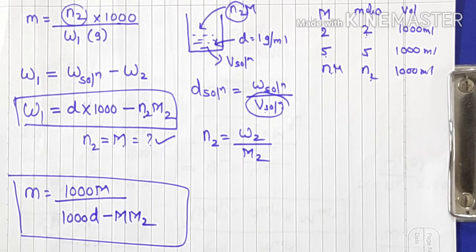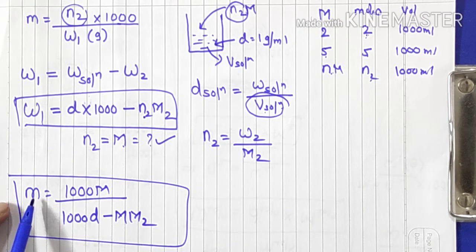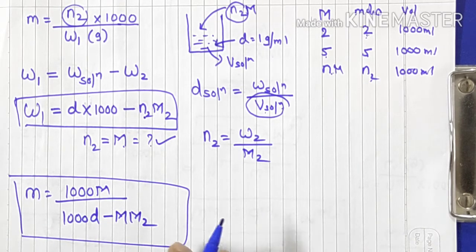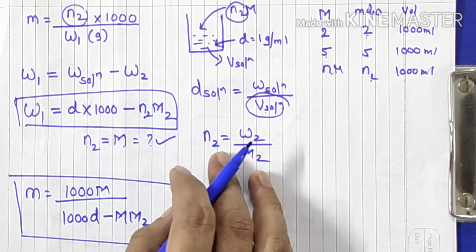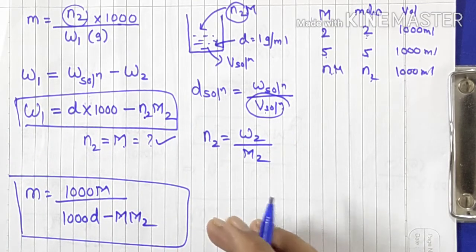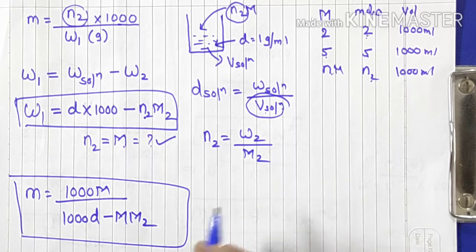Clear? So the first relationship between molarity and molality is derived over here. Now student, very important: if you don't remember the derivation, it's okay. But you should always remember this formula while solving the problems.